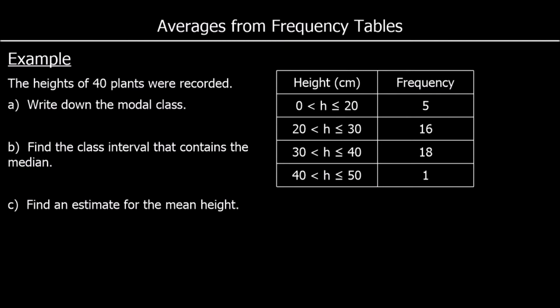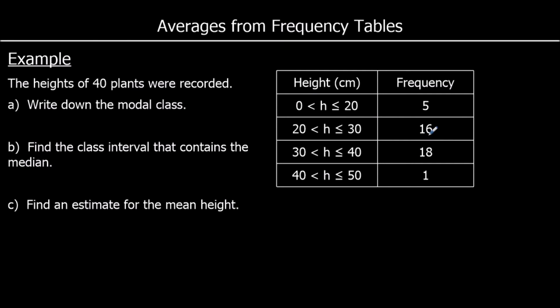And in this example, we have grouped data. So this is the heights of some plants. There are 5 plants with a height between 0 and 20 centimeters. We don't know the exact heights of the plants. We just know that these 5 plants are in the range from 0 to 20.